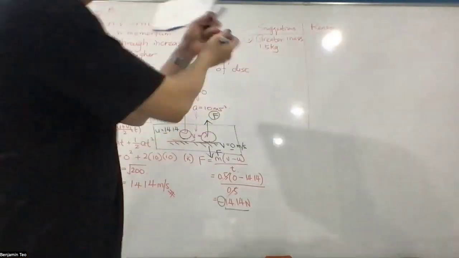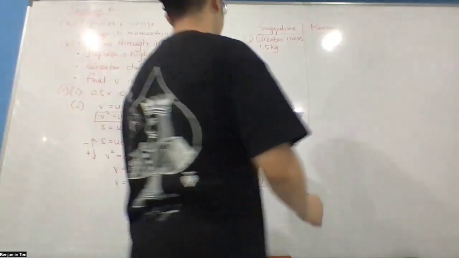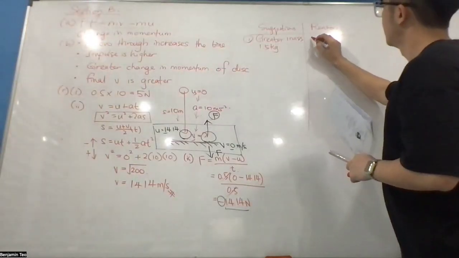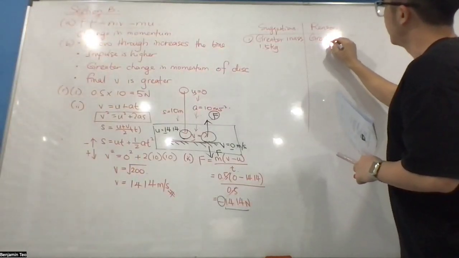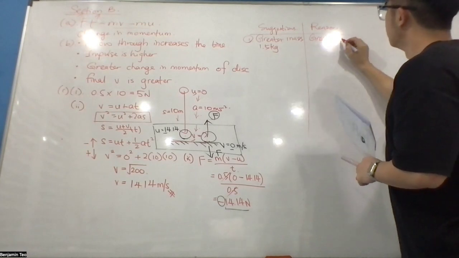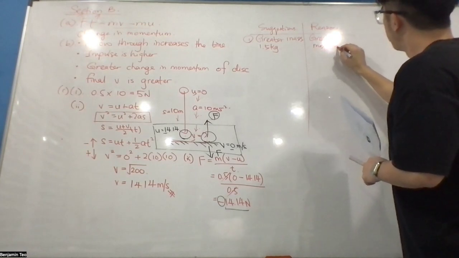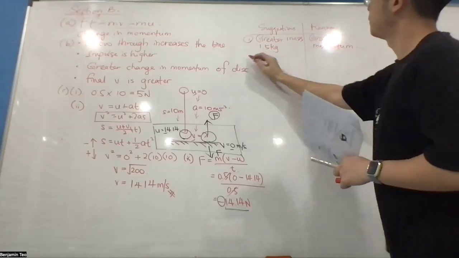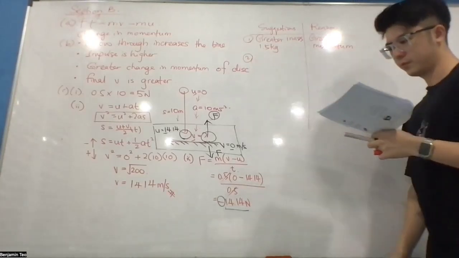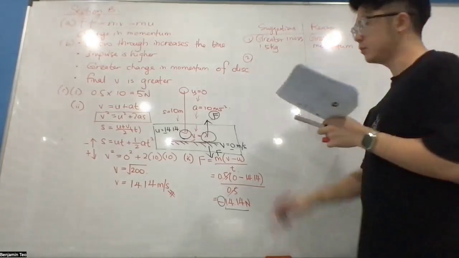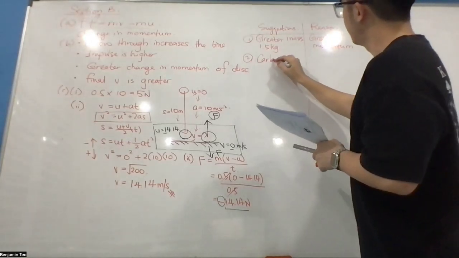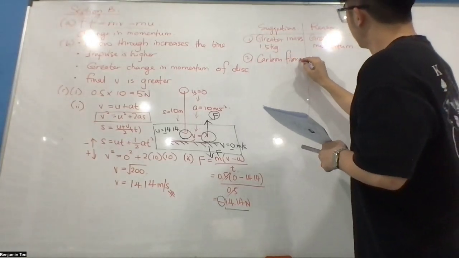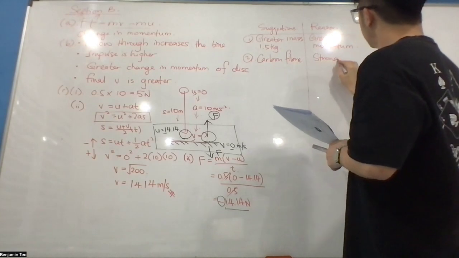The bat, when you swing it, the bat will have greater momentum to be transferred to the ball. Material, carbon fiber. Strong, will not break easily.